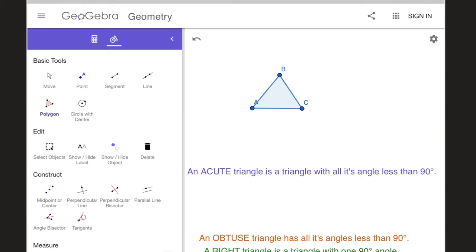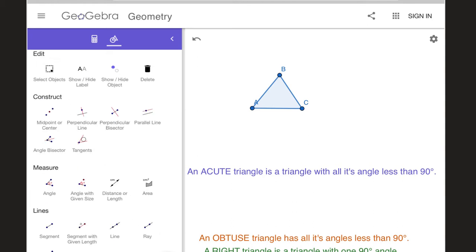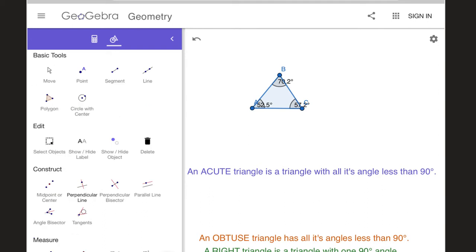If you're not sure, you want to go and find measure, click on the angle, and we're going to check to make sure that all the angles are less than 90. So we're looking at all of them. We're looking at angle C, angle B, and we can see that they're all less than 90.